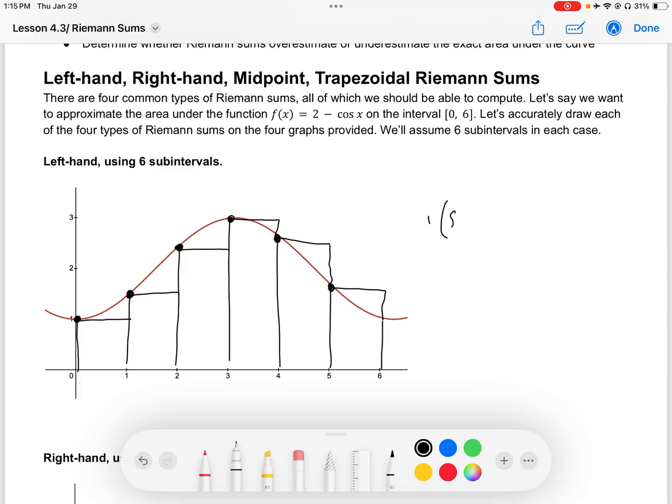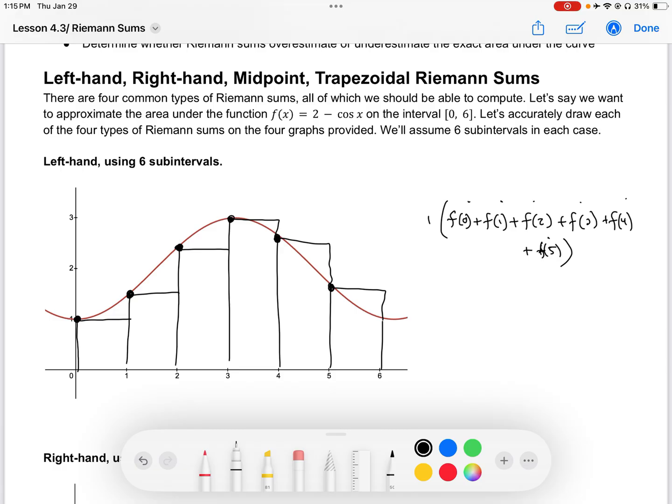So it should be 1 times f of 0 plus f of 1 plus f of 2 plus f of 3 plus f of 4 plus f of 5, right? And that should give me 1, 2, 3, 4, 5, 6 rectangles, which is what I expect.